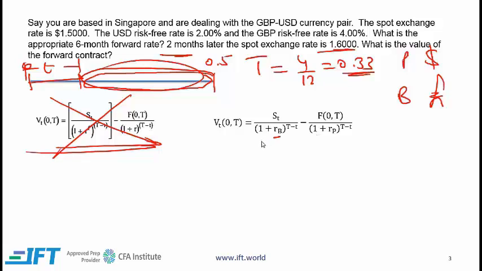Many students get confused about why we are discounting the spot price using the base currency rate. And this goes back to the argument that I just made. When you are coming up with the value of a forward contract where the underlying is, let's say, a stock, then you reduce the value of the stock by the dividends that are being paid during the life of the contract.